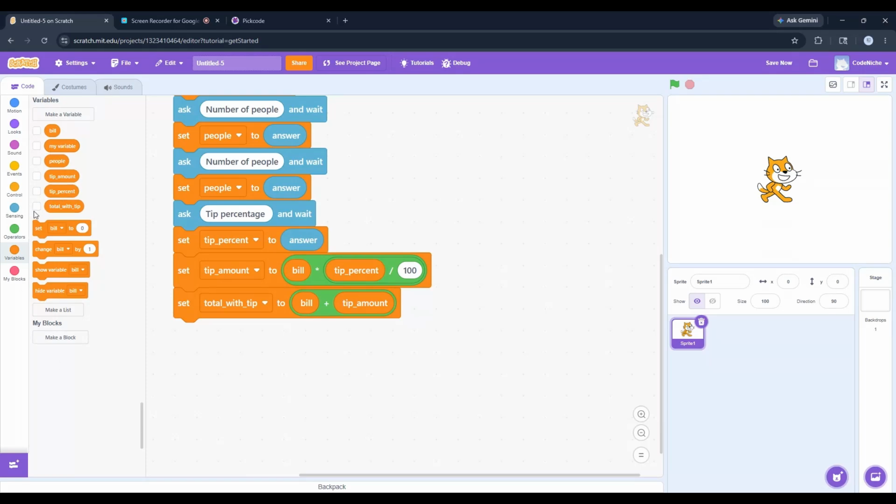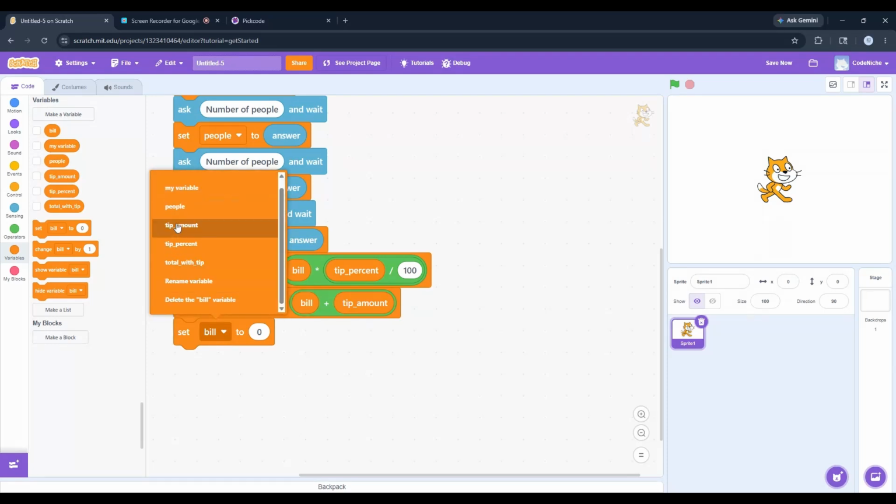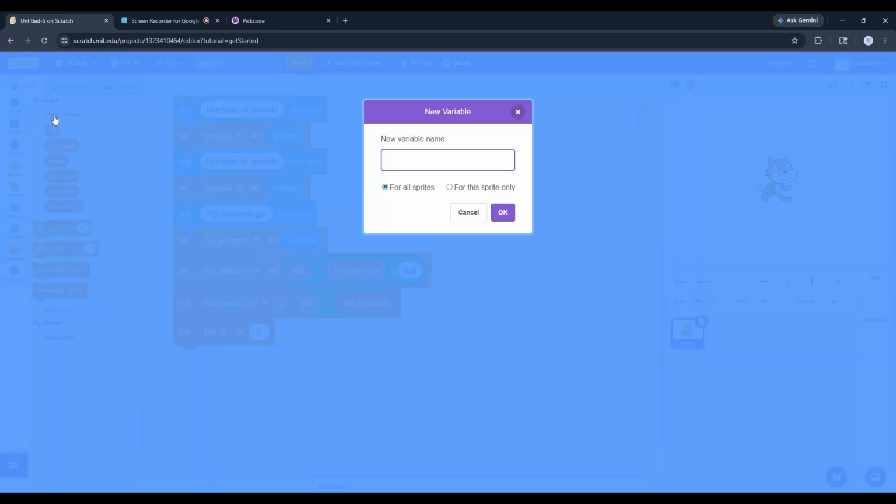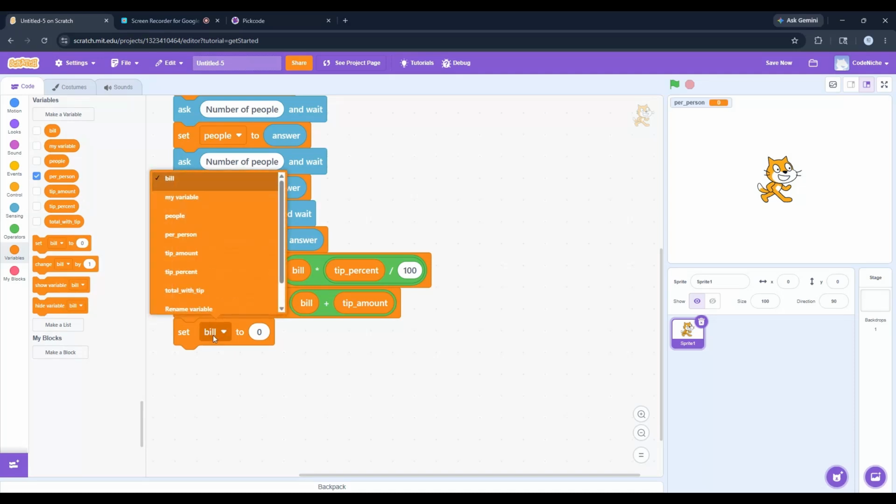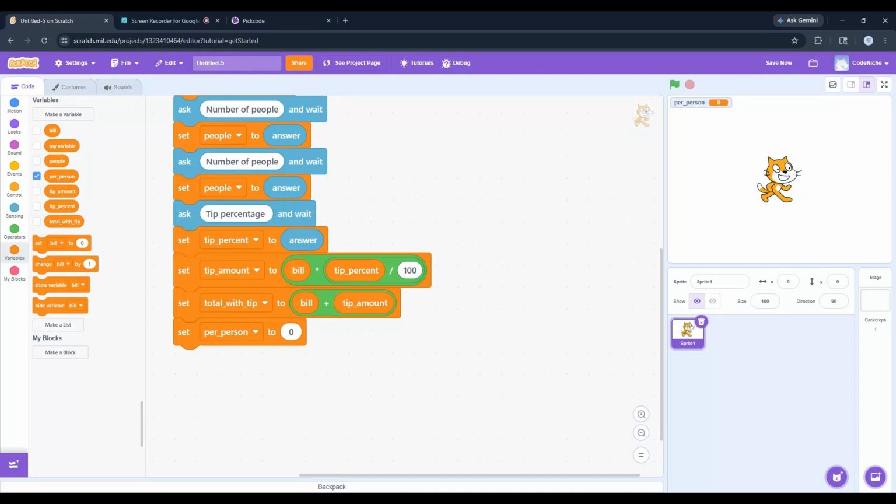Now, per person. We need to divide for the price per person, so let's keep the variable per person. Total split equally among everyone.